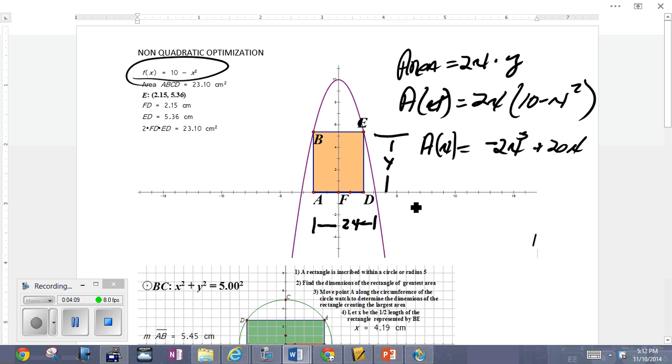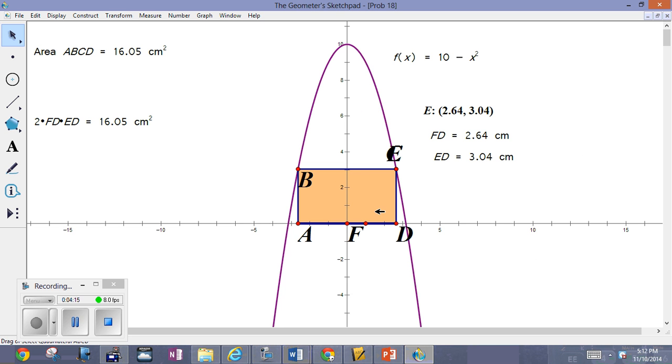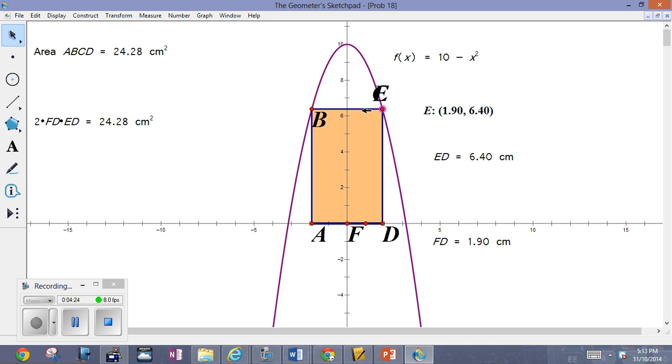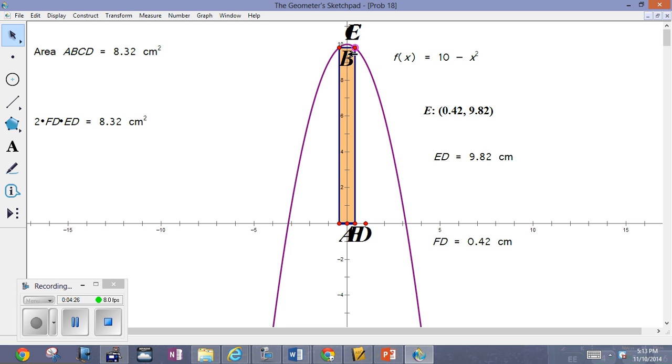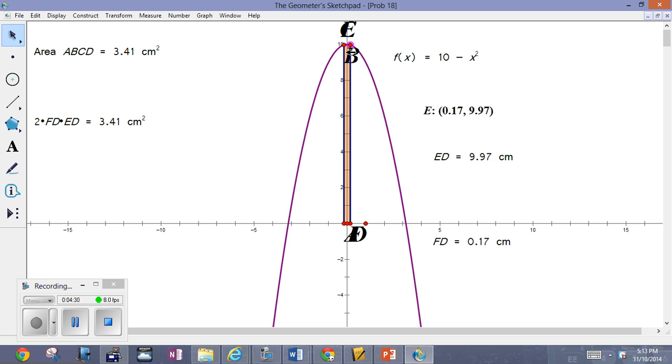Now, what is the range of values for x? Well, if we went back to the sketchpad example here, we could see here's our value of x, FD. If the point E was all the way up here, then my FD is rapidly approaching 0.